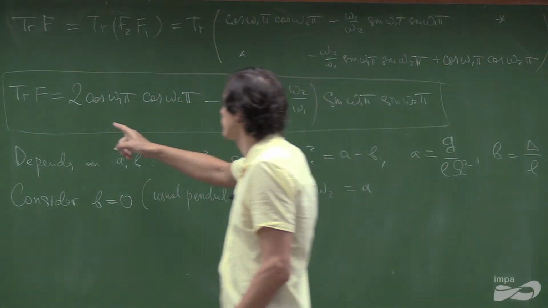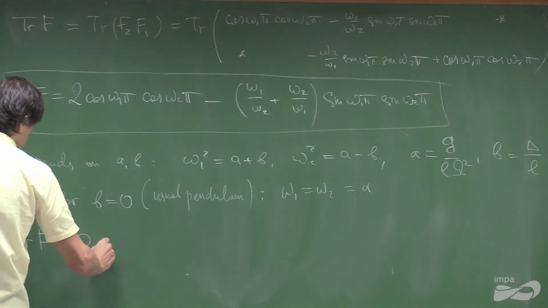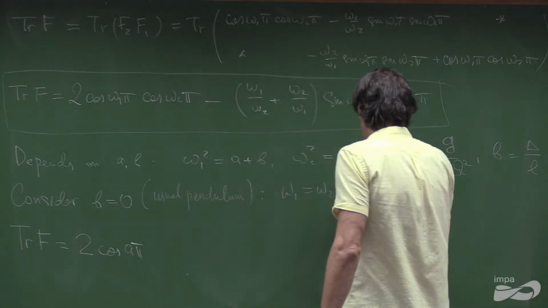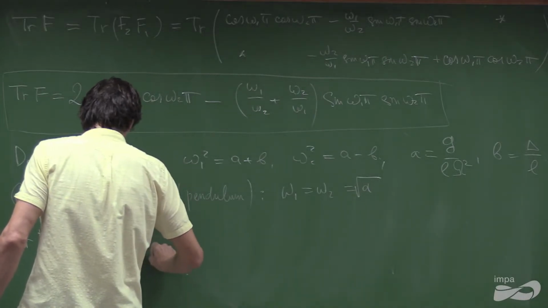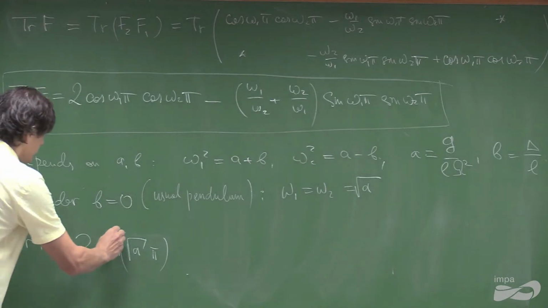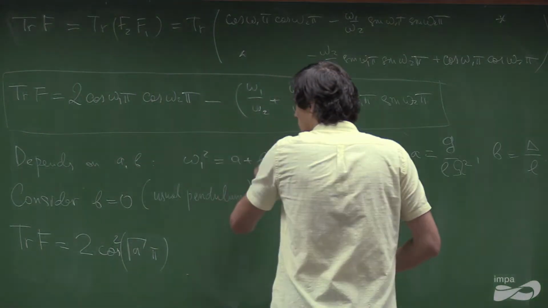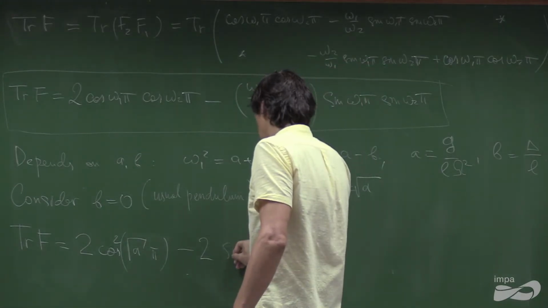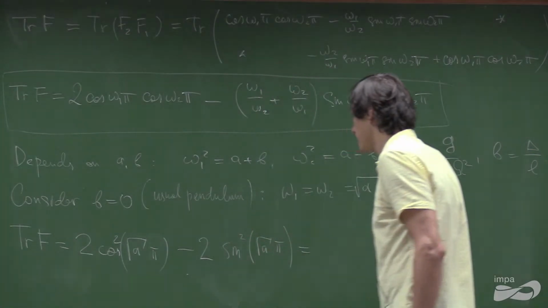So put it here. You will get the trace of F is 2 cosine squared of square root of A, and then this will be again 2, minus 2 sine squared. Good.